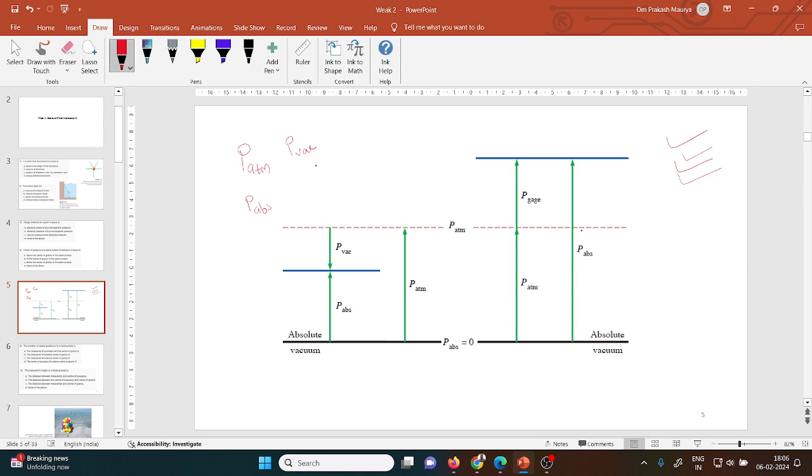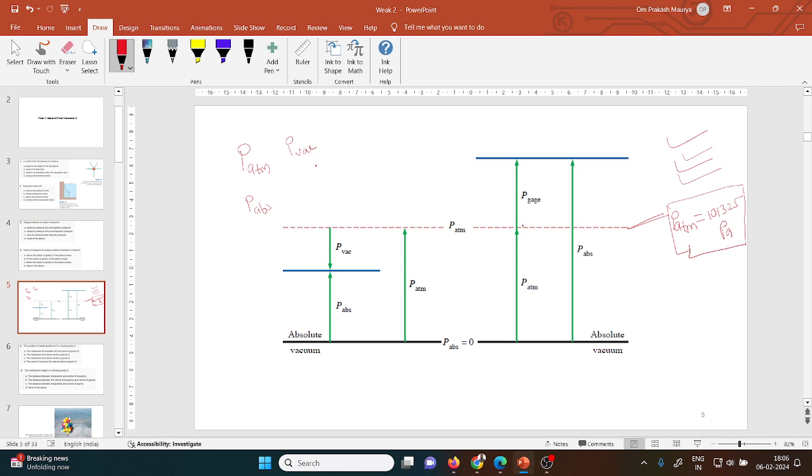As the figure is given, let us suppose this dashed line is the P atmospheric. What is the value of P atmospheric at the earth's surface? It is 101325 Pascal. So this is the P atmospheric.